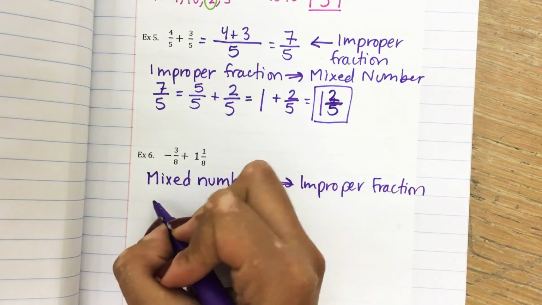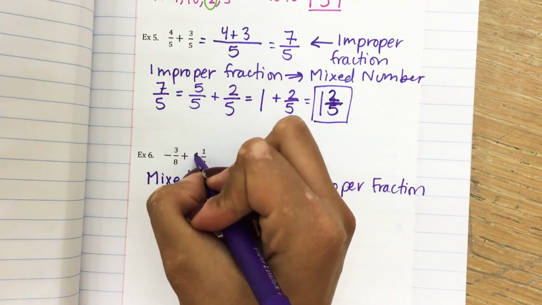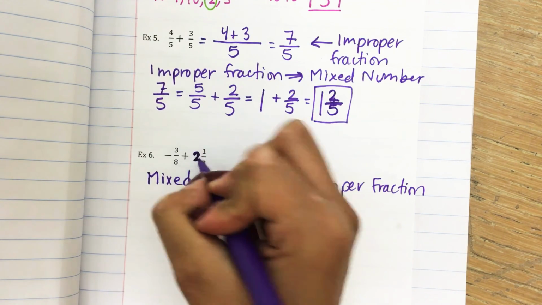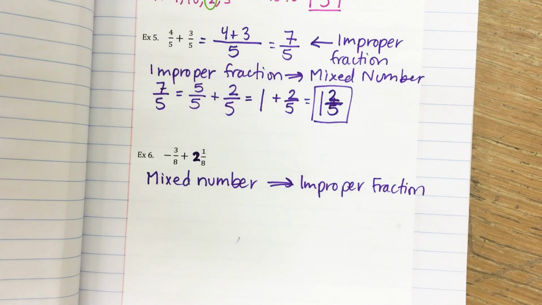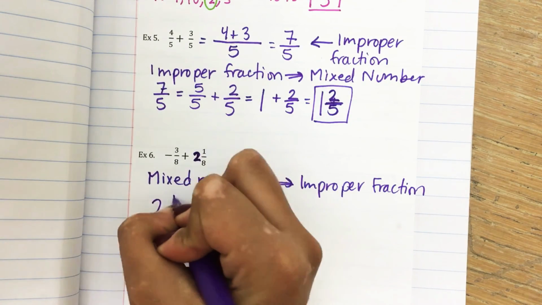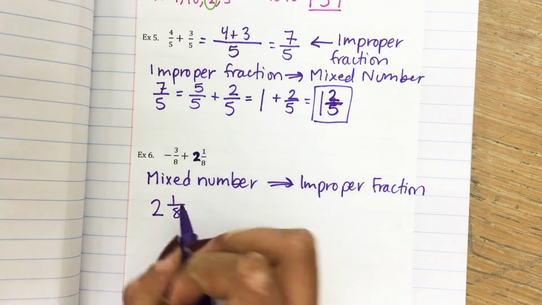Please go ahead and change this to a 2. That was one of my typos, so please change that to a 2. So what we're going to do is take 2 and 1/8 and convert that.